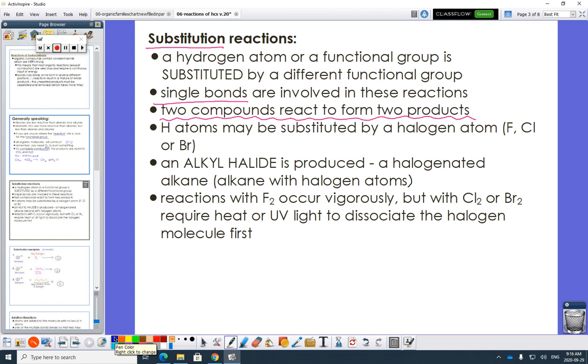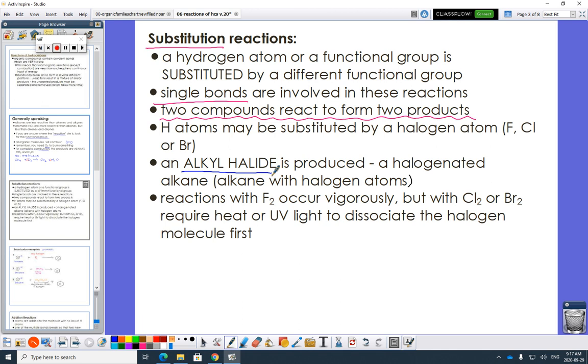That means a carbon chain or an alkane, remember only single bonds, with halogen atoms. And we call that an alkyl halide. Reactions with fluorine are the best, but chlorine and bromine, if you heat them up or give them light energy, they'll work as well.